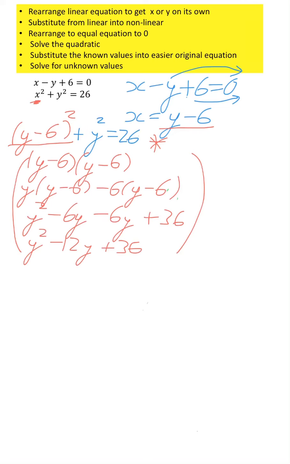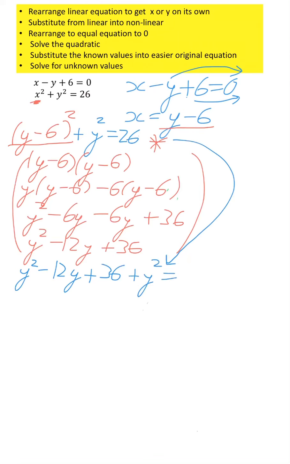So then let's put that back into our equation up here. So we have now y squared minus 12y plus 36 plus y squared is equal now to 26. Okay, we can do some simplifying here. So we have a y squared and y squared.